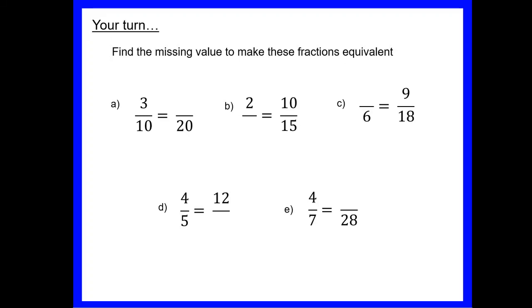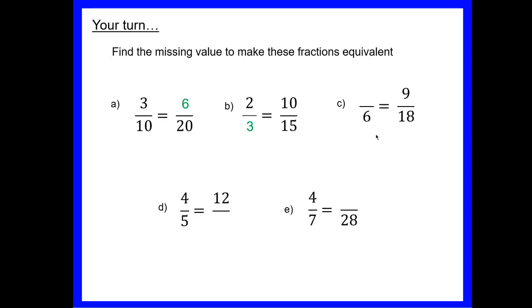Okay, so let's look through the answers then. To get from 10 to 20, we've times by 2, so we do 3 times 2 is 6. To go from 10 to 2, we need to divide by 5, so 15 divided by 5 is 3.